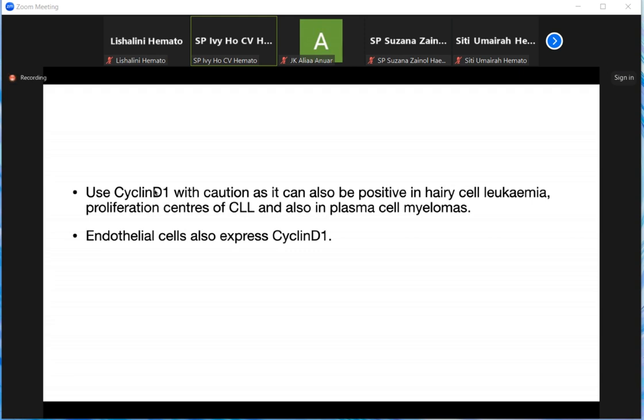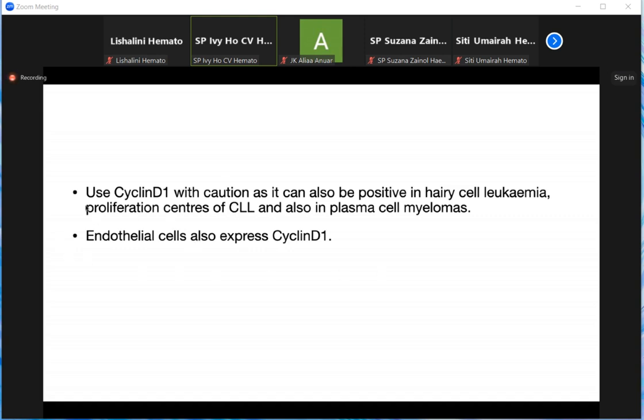No. Usage of immunohistochemistry staining is not like that. You've got to be very careful. There is always aberrant expression, and other entities can express them, but the staining pattern might be different. So when assessing all these immunostains, we have to put in all the information that we have and use it wisely to come to the most accurate diagnosis.